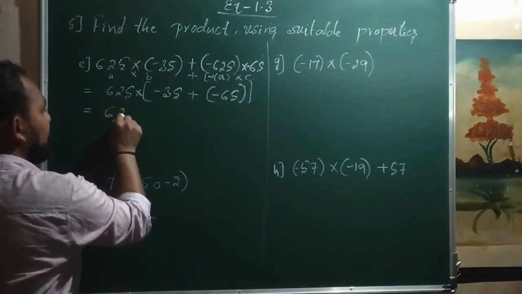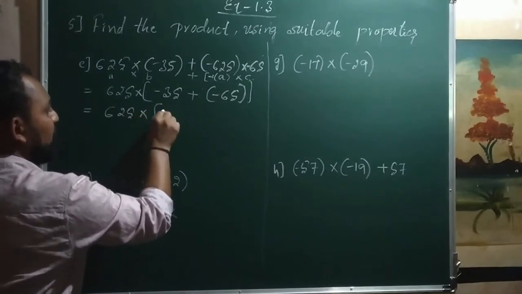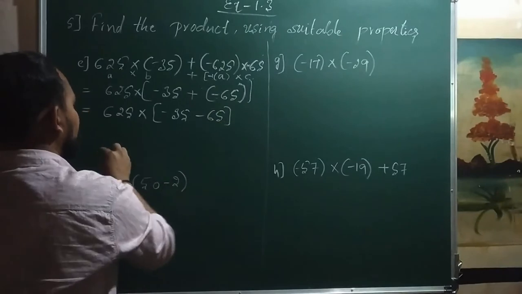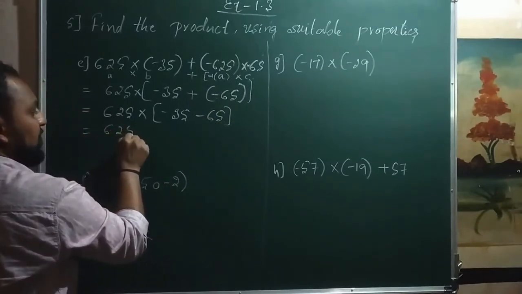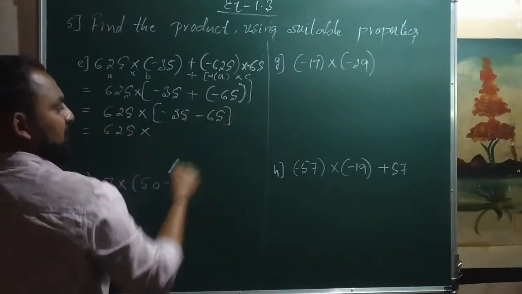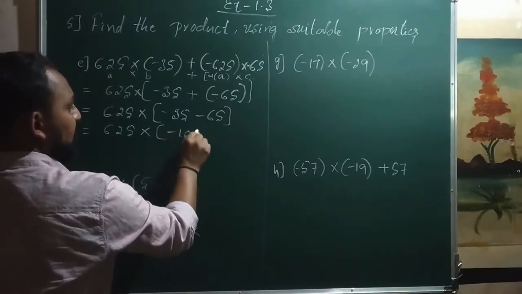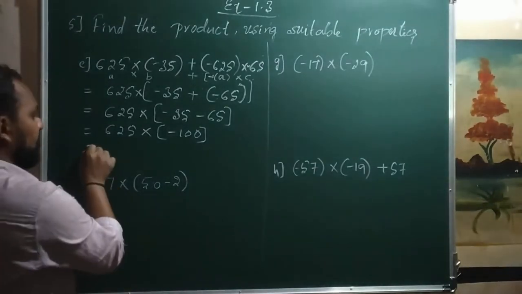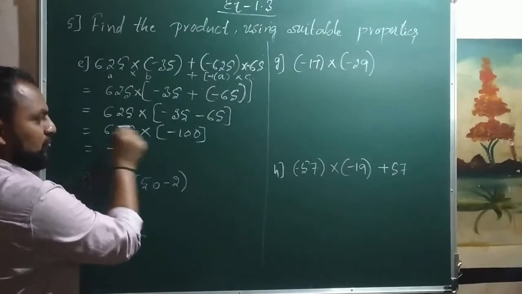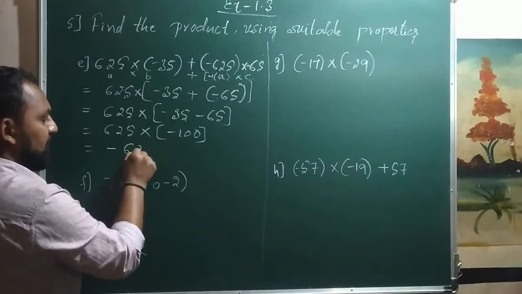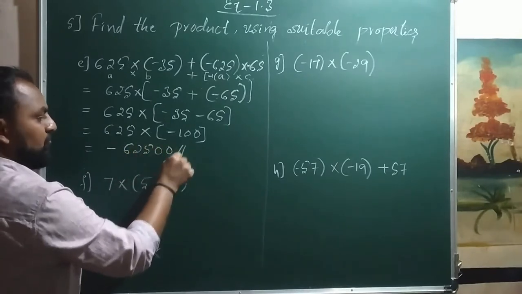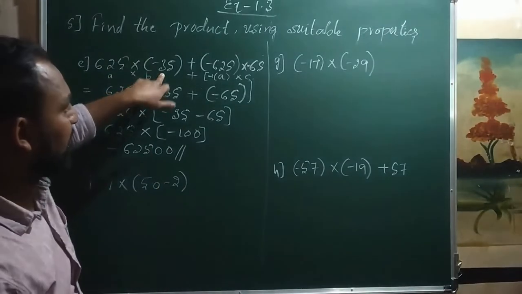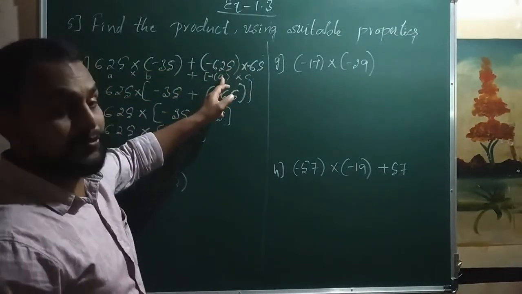625 into minus 35 plus into minus 65. Minus 35 and minus 65 is minus 100. The sum of two negative integers is negative. Here 625 plus into minus 100 is minus 62,500. So which property? Distributive property, A into B, A into C. A is 625.